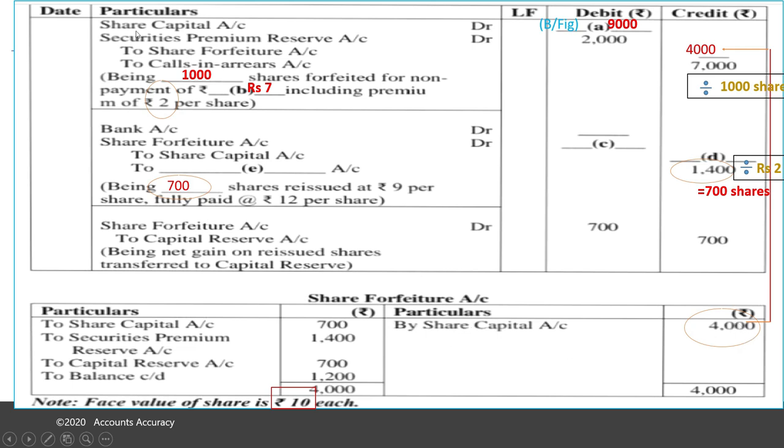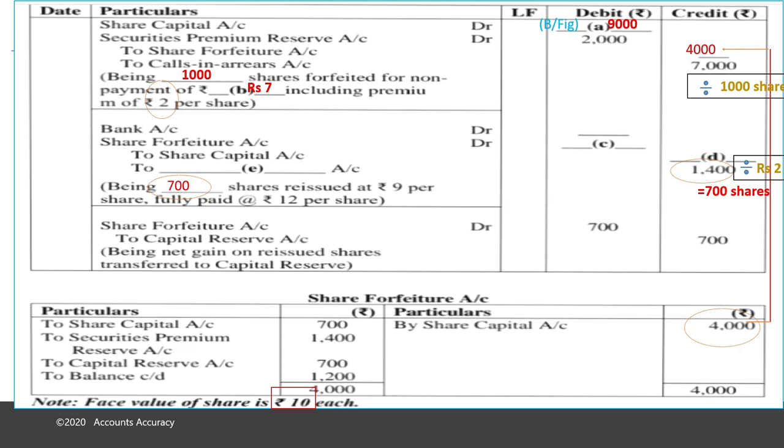That means share capital to forfeiture is the journal, and you have to write this 4,000 value. If you write 4,000 over here, your credit side is complete. That means the credit side total is 4,000 plus 7,000, that is 11,000.